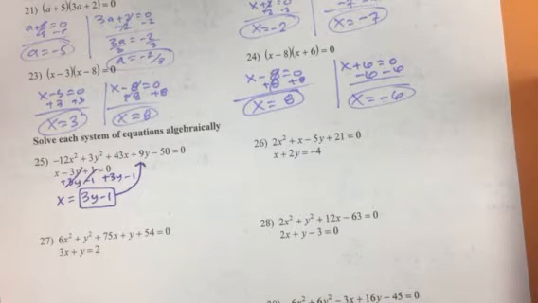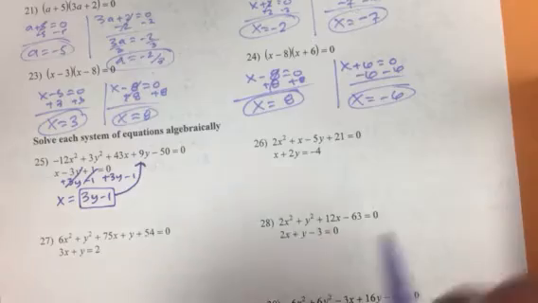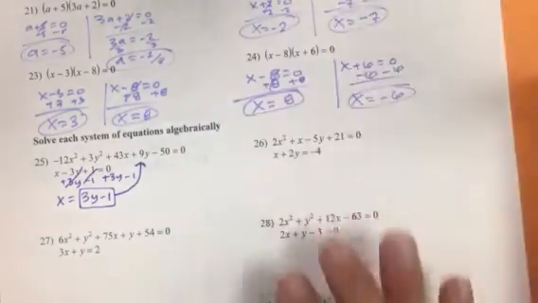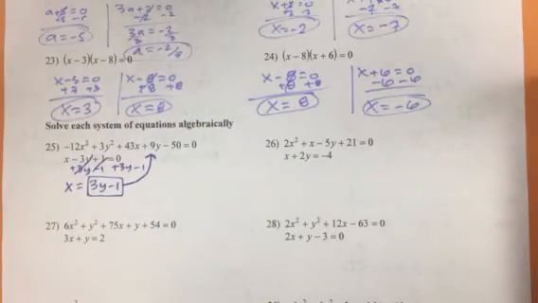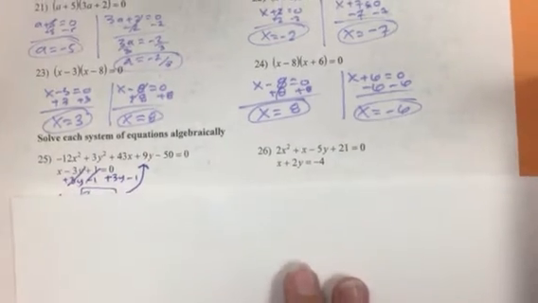This is where it gets crazy because these are big equations. So if you want to do it on scratch paper, you can. I'm actually going to do that now because I need room.